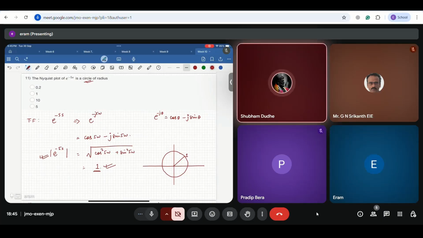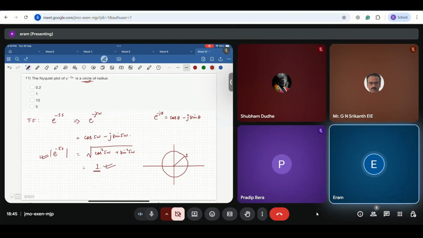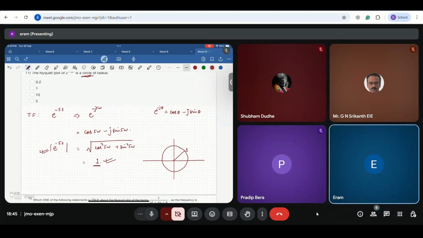So in this case, the magnitude of e to the power minus 5s is 1. So what pattern can you draw on your real and imaginary plot where you get a constant magnitude? You have two options.